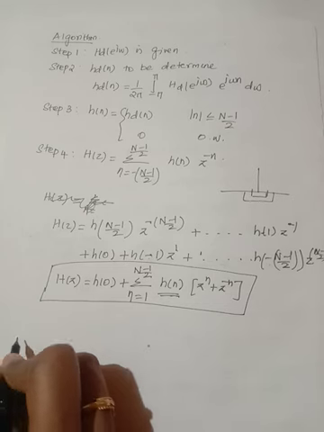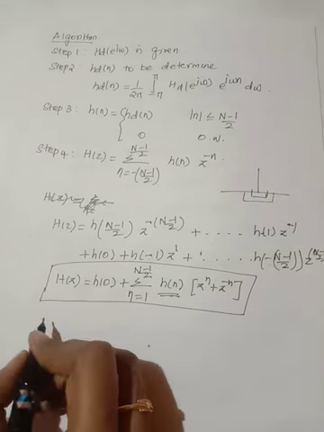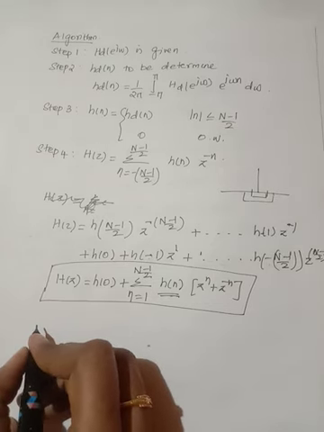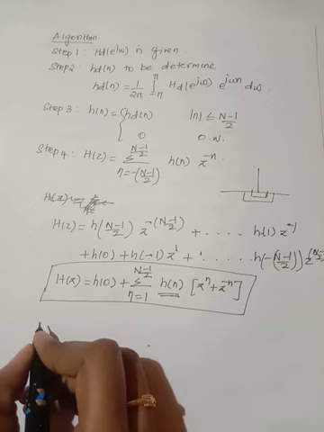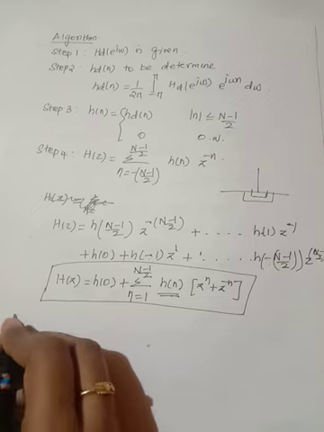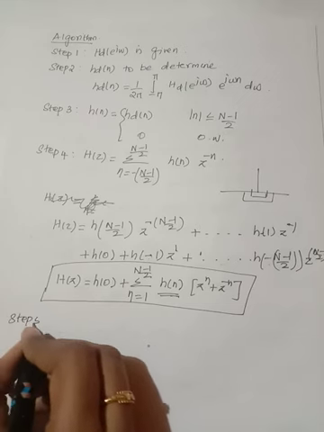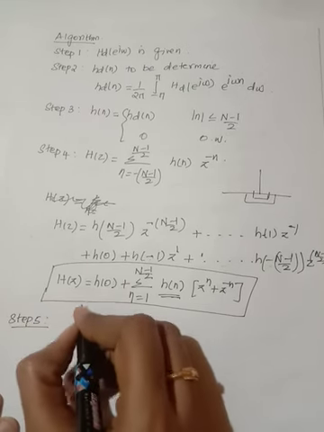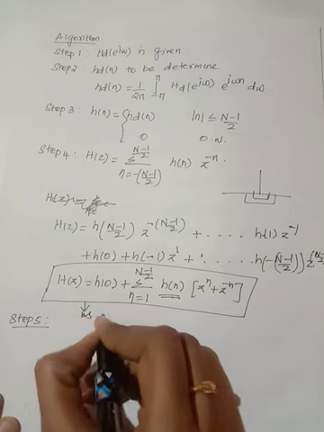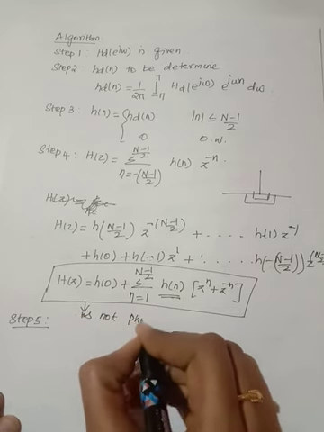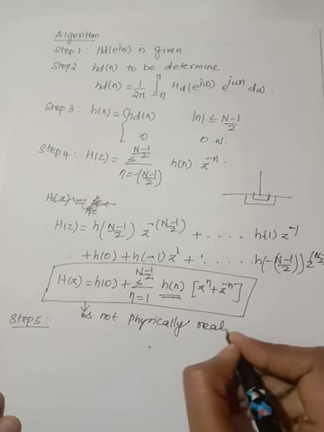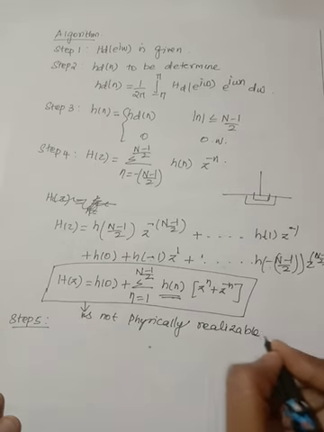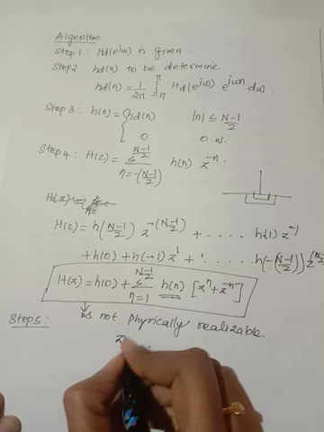Now this transfer function is not physically realizable because there will be some delay in the samples. So in step 5, what I am going to do is, since the transfer function is not physically realizable because of a delay in the samples, how much delay am I going to assume?